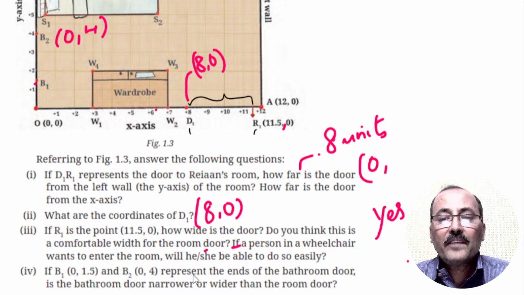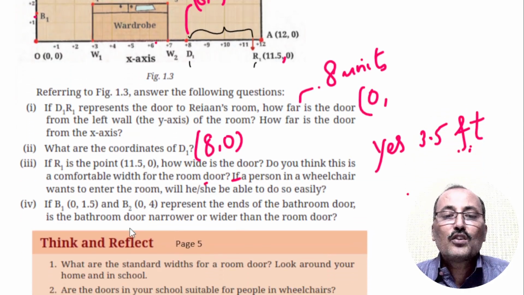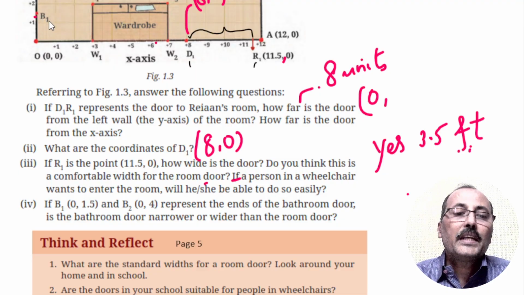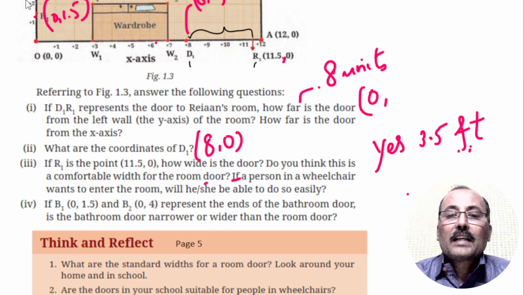Next one, if B is 0 comma 1.5, where is B? Yes, here B1 is 0 comma 1.5, and B2 is 0 comma 4. This 0 comma 4 represents the ends of a bathroom door. Now the bathroom door is this one.